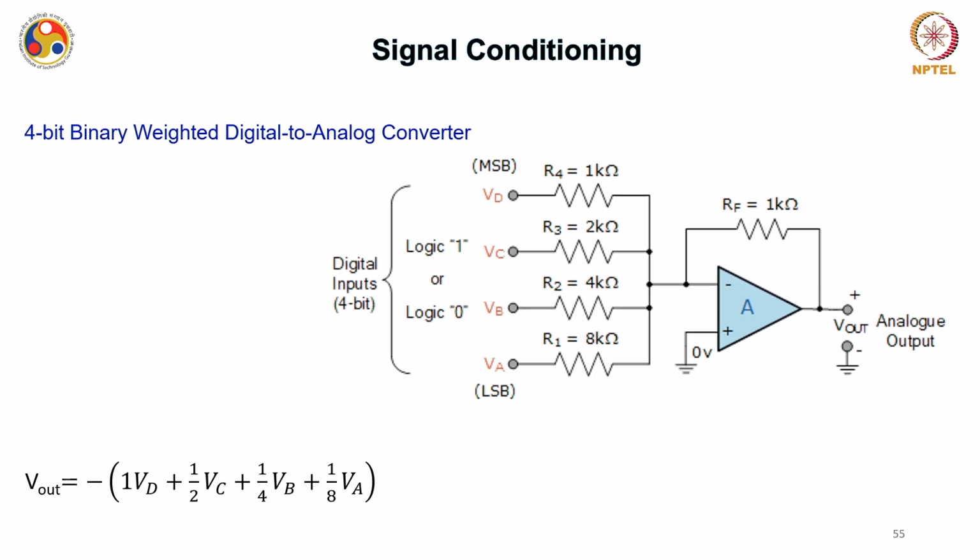In this case, V out is equal to minus 1 Vd plus half Vc plus 1 by 4 Vb plus 1 by 8 Va, or 1 by 2 power 0 into Vd plus 1 by 2 power 1 Vc plus 1 by 2 power 2 Vb plus 1 by 2 power 3 Va, and that is why I was talking about the weighted resistances.